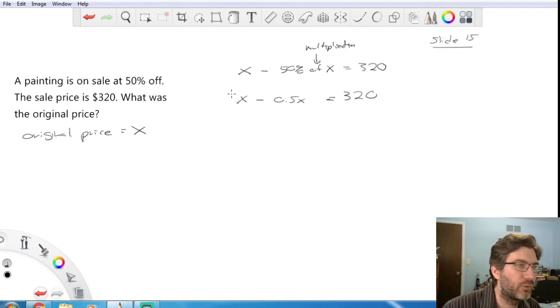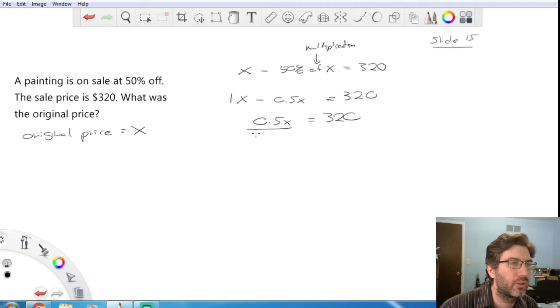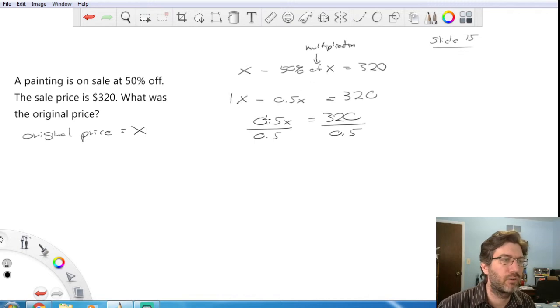If you recall that there's a 1 in front of this, so 1 minus 0.5x equals 0.5x, equals 320, and then I can divide by 0.5, divide by 0.5, and that should give it to you. 320 divided by 0.5 gives me that 640. This will cancel, leave you x, and this does give you the 640.